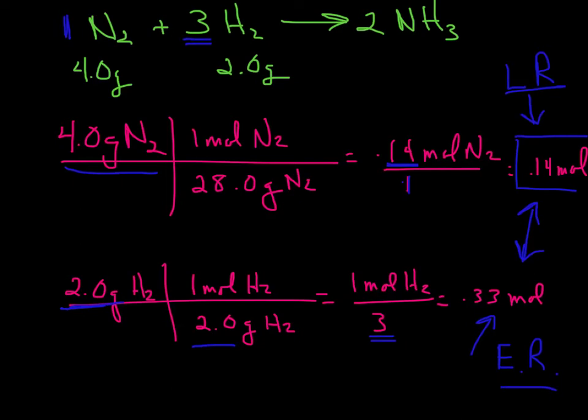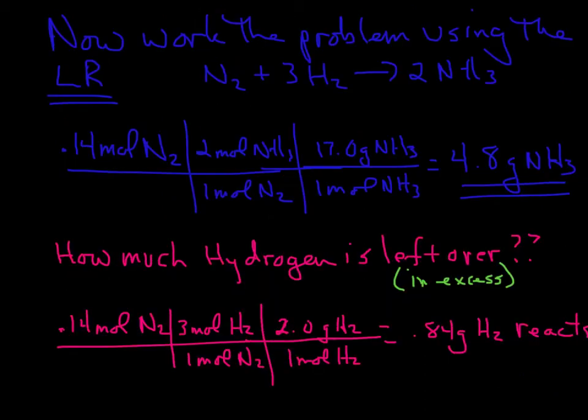And what I'm going to do is come back here, and this is what I'm going to use to start my stoichiometry. I could go all the way back to the grams, but I've already done this calculation, so I don't need to do it again. So let's figure out how much ammonia this amount of moles of nitrogen will produce. I have 0.14 moles of nitrogen right here, times 2 moles of ammonia, that 2 is coming from right there, divided by 1 mole of nitrogen.